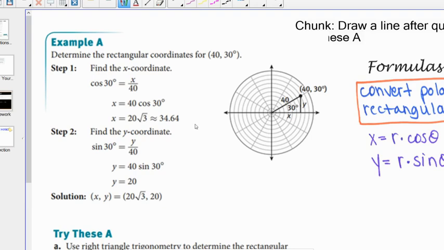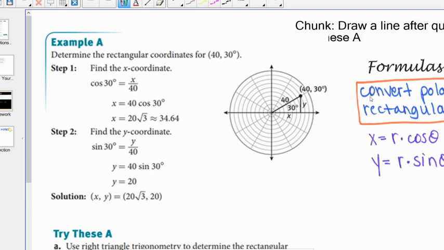The hypotenuse is 40 here, so you would use cosine, adjacent over hypotenuse, to solve for either the exact answer or the approximation. Same thing to find your y value: you're going to need to use sine, opposite over hypotenuse, and then look for the exact value or the approximation.